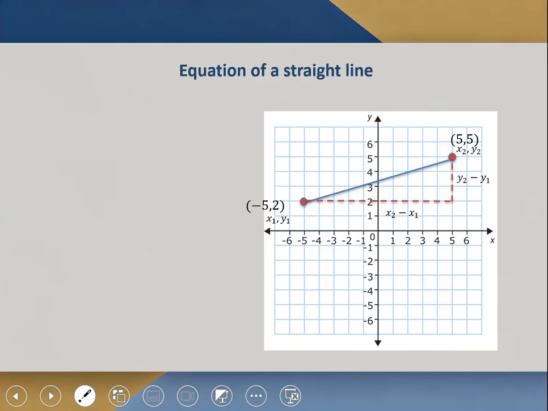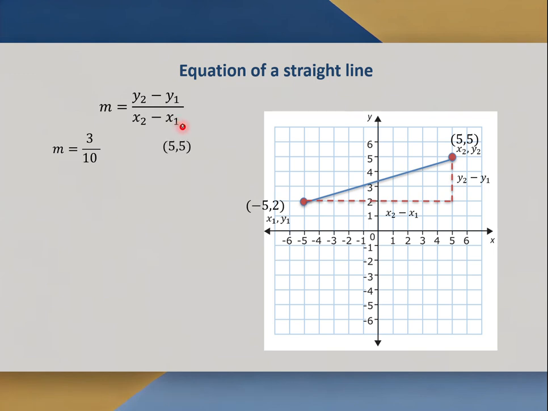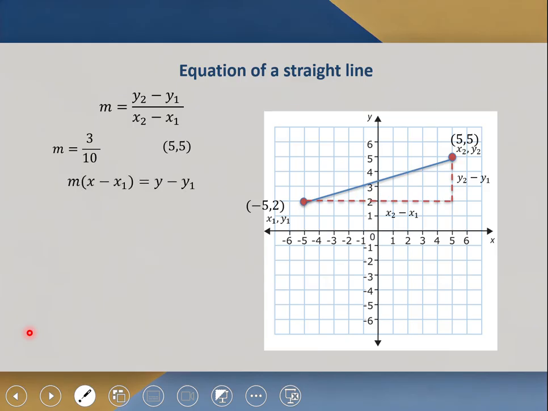Now, with the equation of a straight line, we've already worked out its gradient, and we've already got a point. I'm going to use 5 and 5 for this. We know if we grab x2 minus x1 and take it to the other side, we've got our point-gradient form that we'll be using.